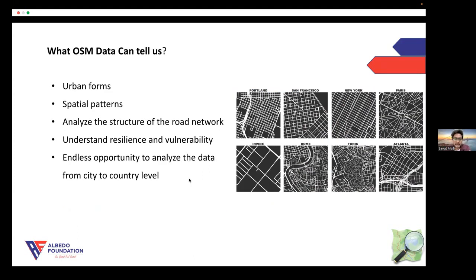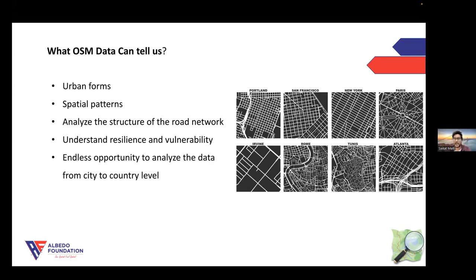Then why this data is very useful and how we can use it, both we are going to discuss in today's session. If you ask me what it can tell us in terms of urban planning or urban morphology, it is very useful for depicting urban forms and spatial patterns, and analyzing the structure of the road network, understanding the resilience and vulnerability of a particular area.